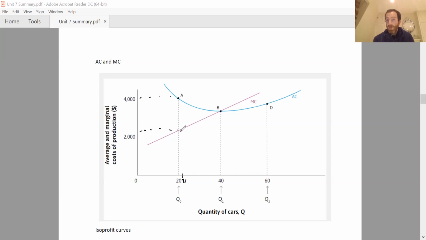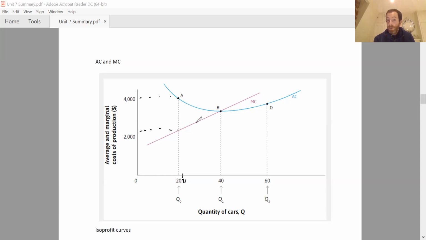That extra one has an extra cost which is lower than my current average. So if I worked out a new average, that new average would have to be lower than the old one, okay? And as we move from 20 to 40, we can see that marginal cost is always lower than average cost.